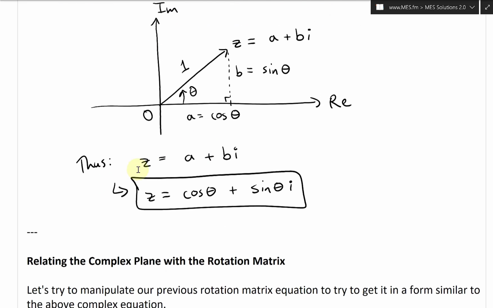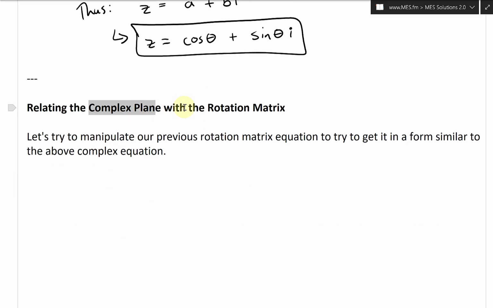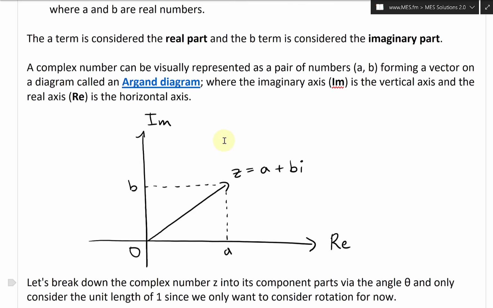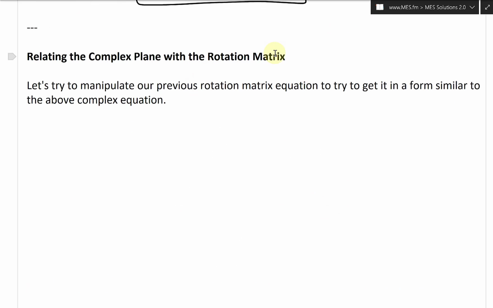Alright, so now we have the unit complex number written using the components cosine theta and sine theta. We've gone over the matrix and the rotation matrix, so now let's relate all of them together: relating the complex plane, which is basically the set of all the complex numbers, with the rotation matrix.